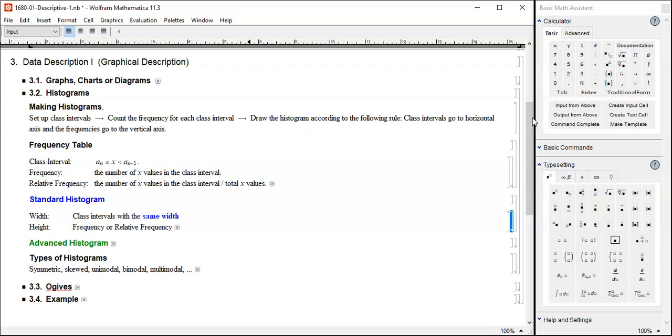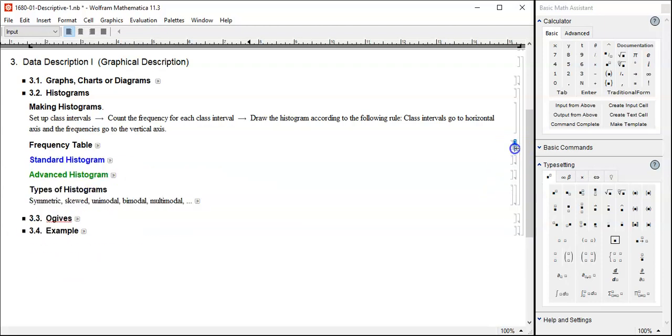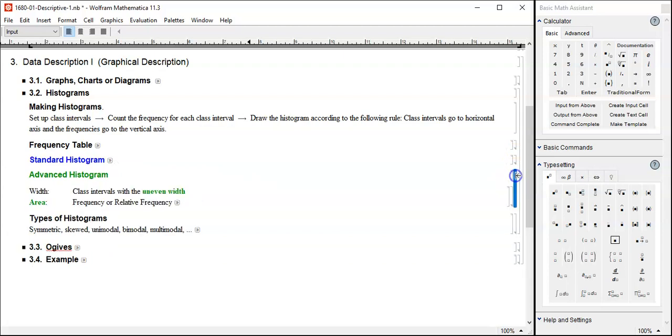But sometimes you have to do that because somebody else already did it for you as far as class interval is concerned. Or by law, you have to do it that way, and then somehow you have to adjust yourself. In that case, you may have to consider these advanced histograms. In this case, frequency or relative frequency corresponds not to the height, but to the area.